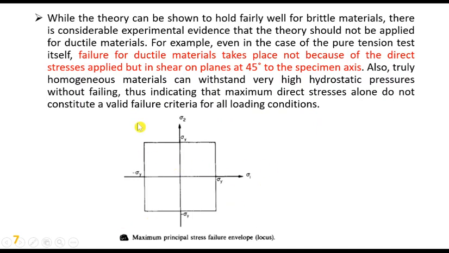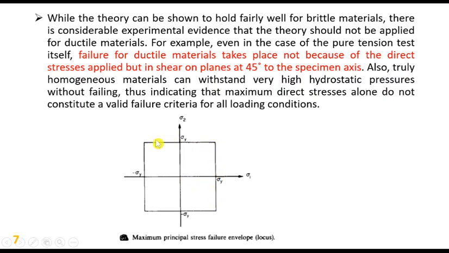So to show the locus or envelope for this theory, we will draw sigma 1, sigma 2, and the limit is sigma y for tension as well as for compression. So this is compression, this is for tension. From here the maximum value is here.